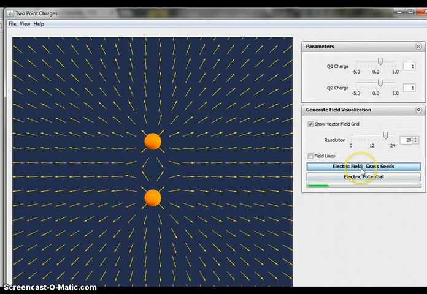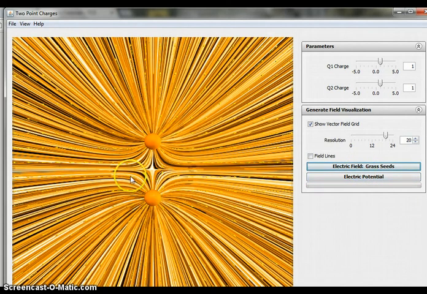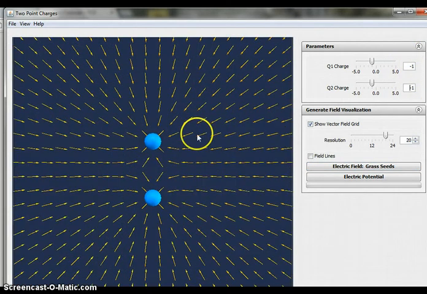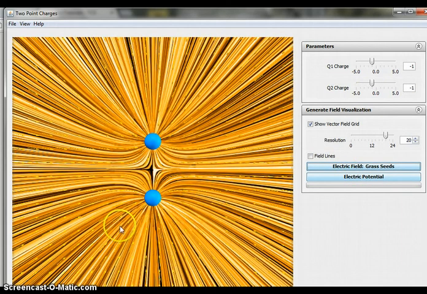At the same time you can see this using the grass seeds field, where you can see a repulsive force. The similar is the case if both are negative. Again we can see the same nature of repulsive force between the two charges.